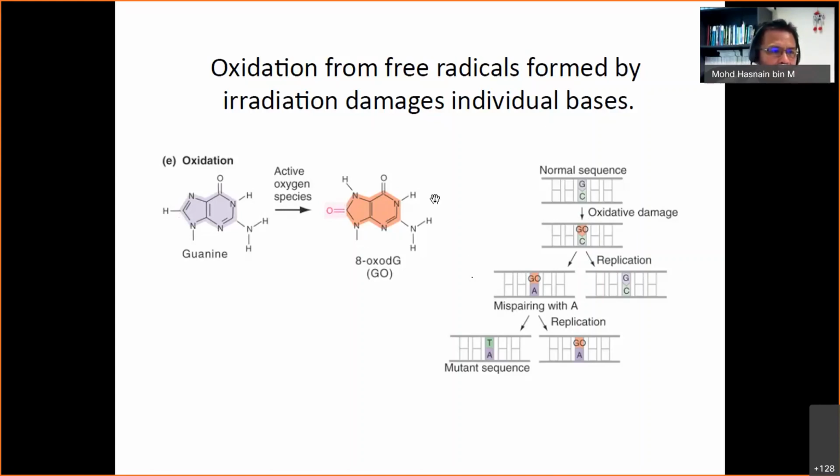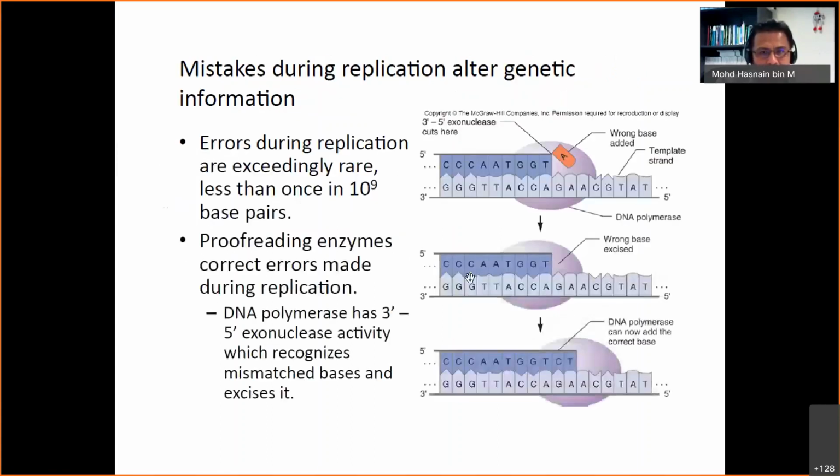And when this happens, this molecule will then bind with a different codon. So oxidative damage of the guanine, for example, can cause guanine oxide. It will pair with a different nucleotide when the replication occurs, and then it will cause mutation to those cells. All right, so this can happen. So how do you avoid it? One way is by taking those antioxidants.